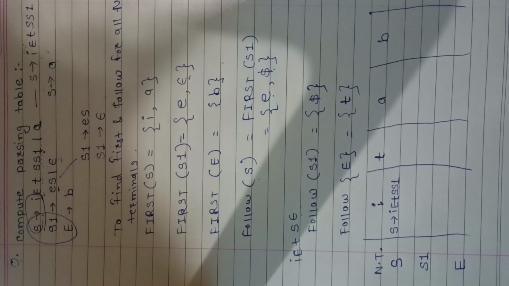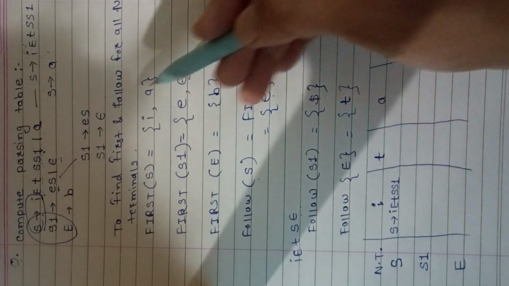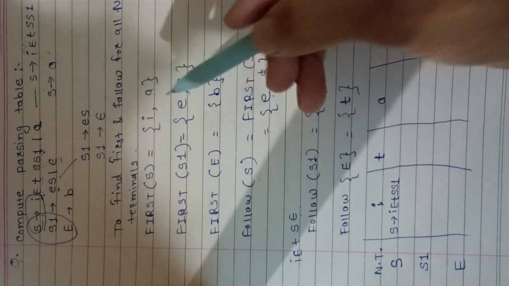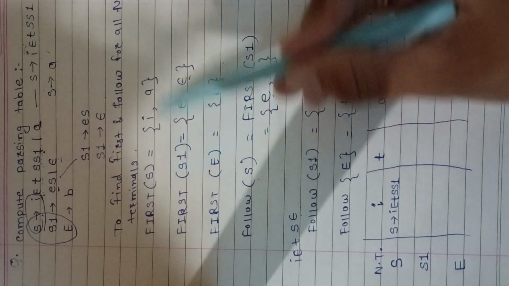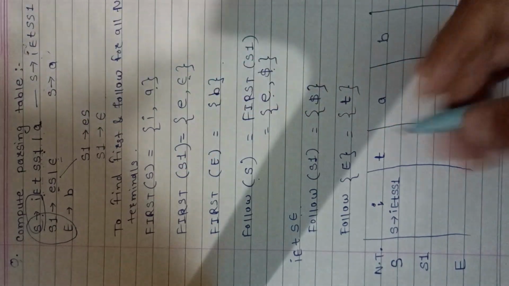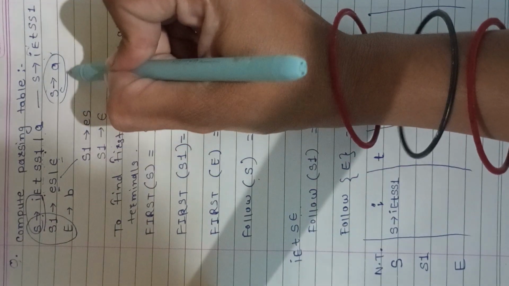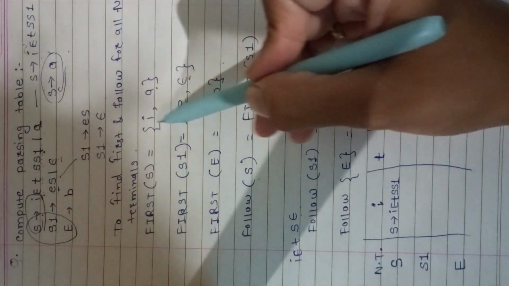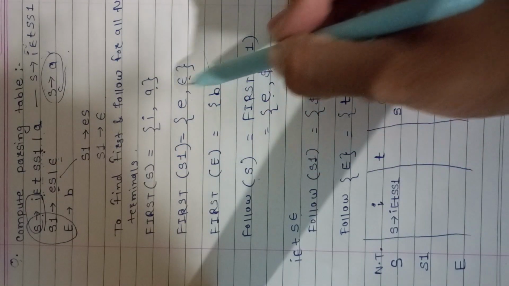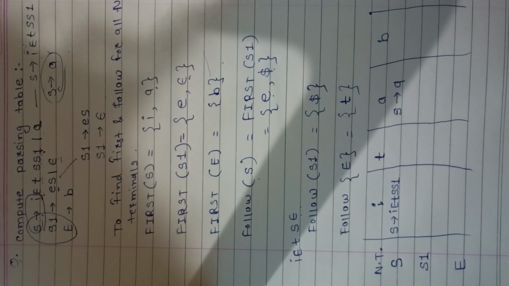Okay. Then the next terminal is S and t. There is no t here. Then S and a. S tends to a. It means that we can write this grammar, S tends to a. Then S and b. There is no transition available that ends with b.